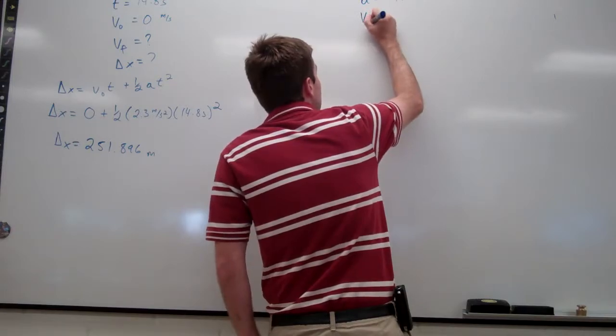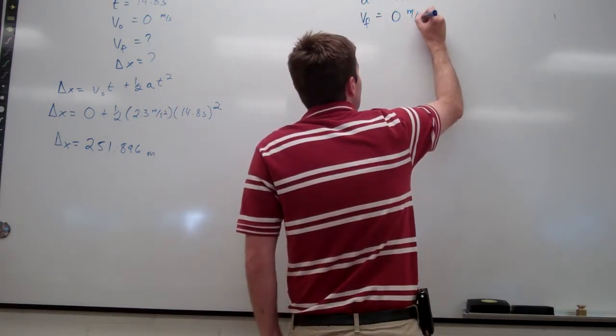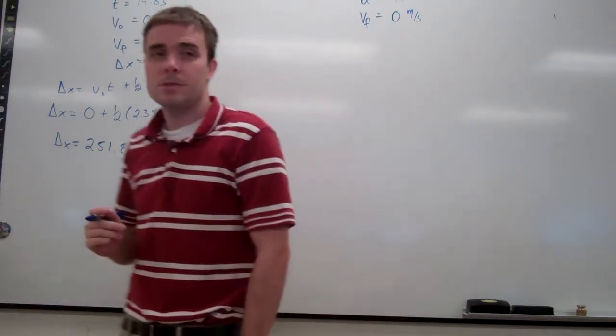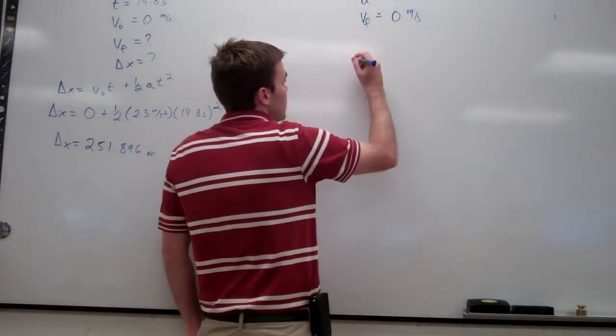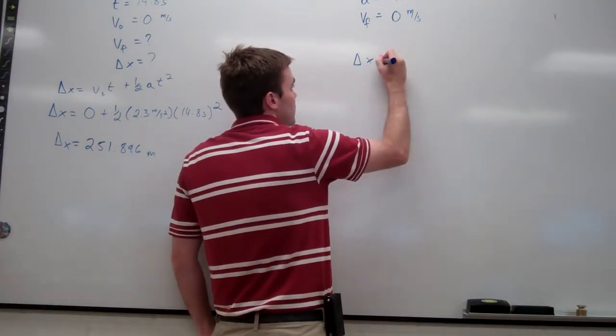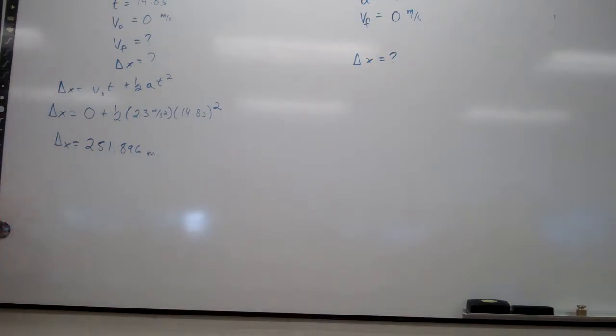Final velocity is going to be what? 0. Everybody understand why the final velocity is 0? It's coming to a stop. Alright, do we know anything else for part 2? We're going to be looking for our displacement in part 2 as well. Is there any way we can solve for anything with those 4 equations up there for part 2?